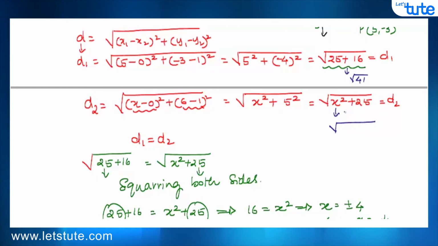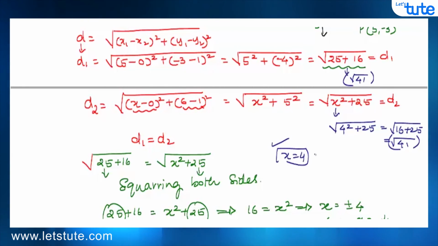We will get 4 squared plus 25. We will get 4 squared, 16, plus 25, which is square root of 41. Now we can see that D1 is equal to D2. So the condition is maintained. So x equals 4 is a correct answer.